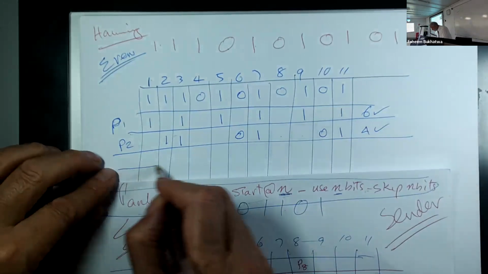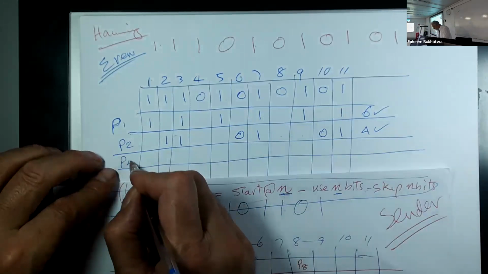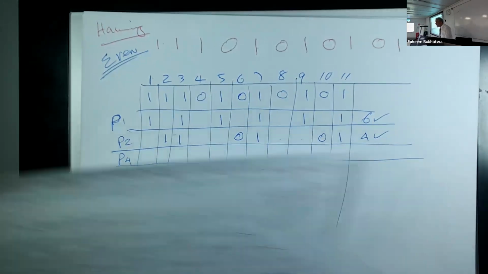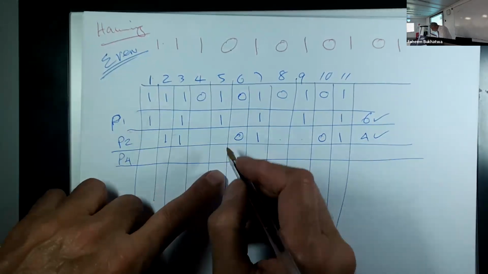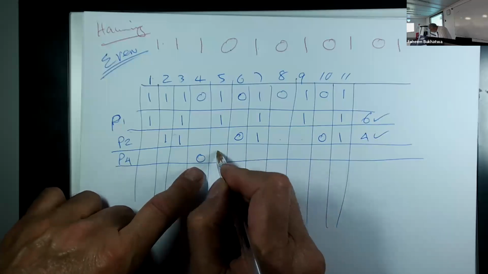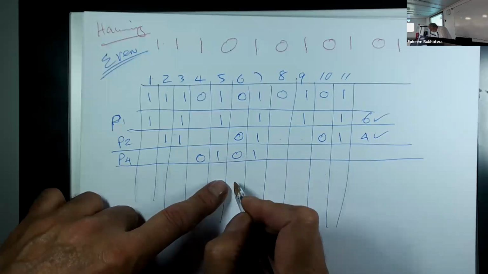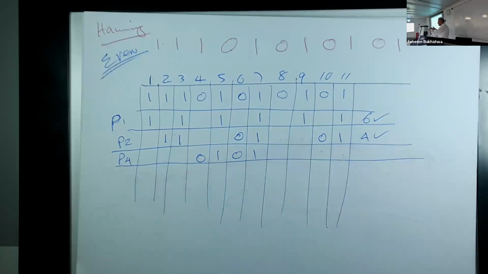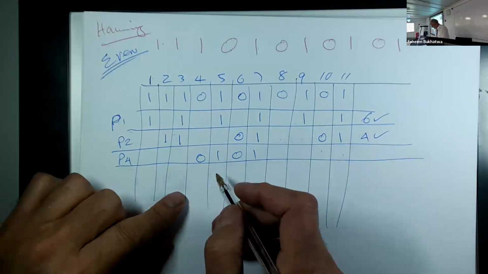All right. I have another volunteer here. What columns should I go for parity 4? 4, 5, 6, 7. And skip 8, 9, 10, 11. And if there was 12, 13, we'll take them. If not, we'll stop. Is there an error here?